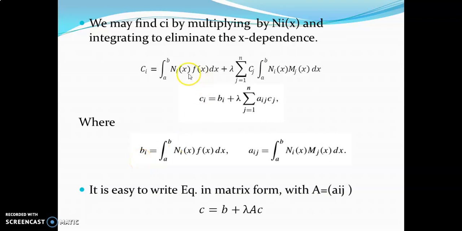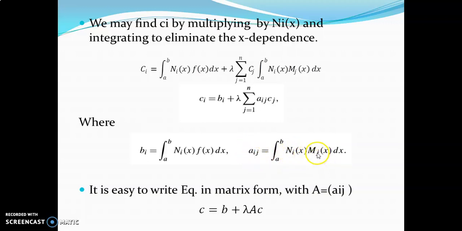So we know that this integral is a constant that depends only on the index i, because this integration is with respect to x, and as it is a definite integral, after integration it is independent of x. We have a constant that depends only on the value of the index i. So we can call this bi. And integral a to b, this term ni of x mj of x dx, is a constant that will depend only on the variables i and j. So we can call this aij.